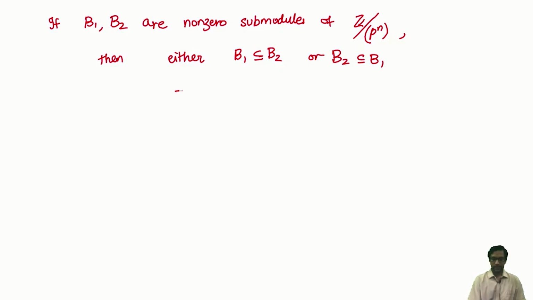Okay, in particular it means that their intersection is not 0, because the intersection is one of them, either B1 or B2, whichever is smaller, and I have assumed I have two non-zero submodules.